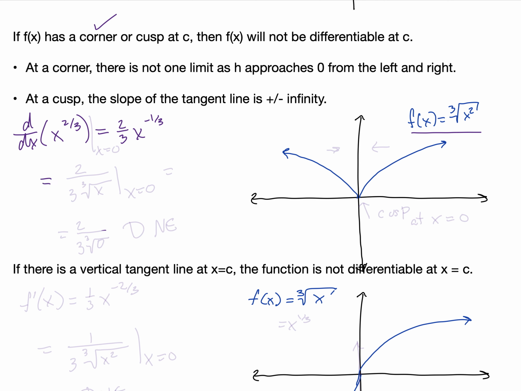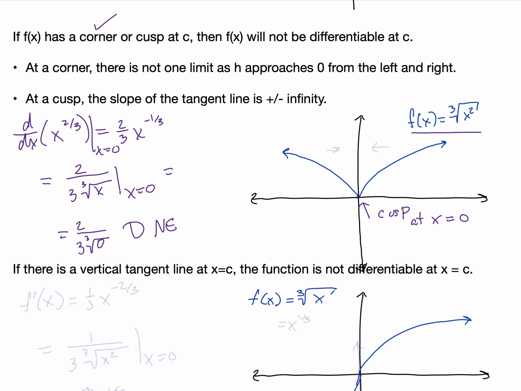And that's the same thing as 2 over 3 times the cube root of x. So where's the issue? We've got this cusp at x equals 0. What happens to the derivative when x equals 0? That would give us 2 over 3 times the cube root of 0, and that of course does not exist.